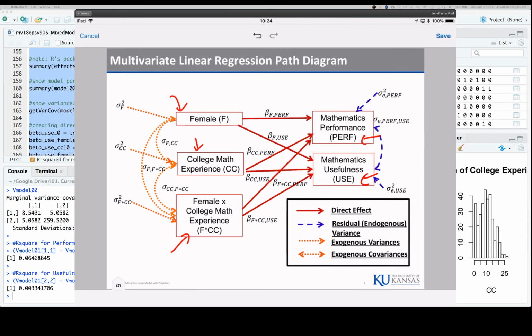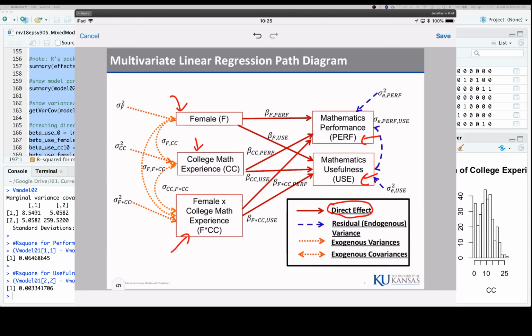Now, in prior classes, we talked about what this path diagram represents, but let's just go over that one more time for completeness. Each of the boxes represents one of the variables in the analysis. And typically these boxes, when you see square boxes like this, particularly in the social sciences, represent an observed variable. The arrows, the solid red arrows, represent what we call a direct effect.